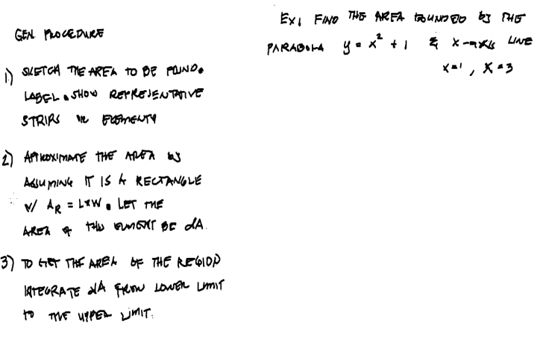Okay, and then the next step is to approximate the area by assuming, as we discussed last time, that it is a rectangle with area equal to length times width, right?